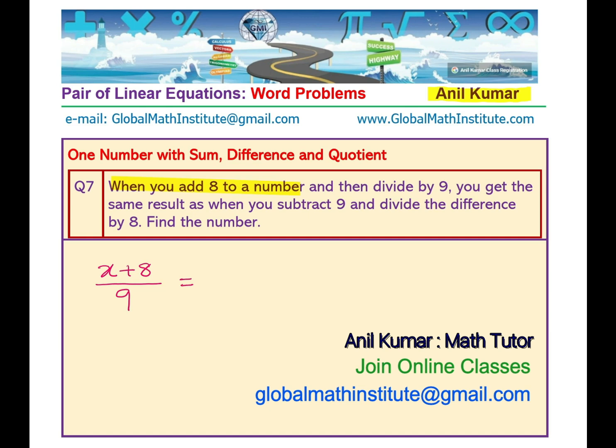And divide the difference, so the difference is x minus 9, by 8. You see that? So we have formed an equation with just one variable. It's a complicated statement. So of course we began by assuming, let the number be x.